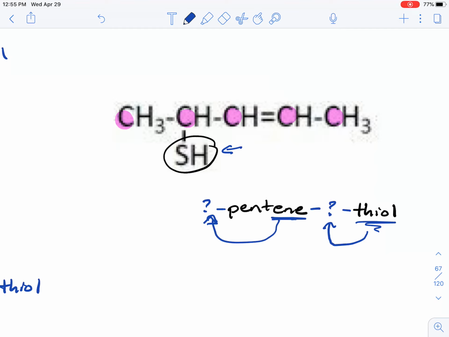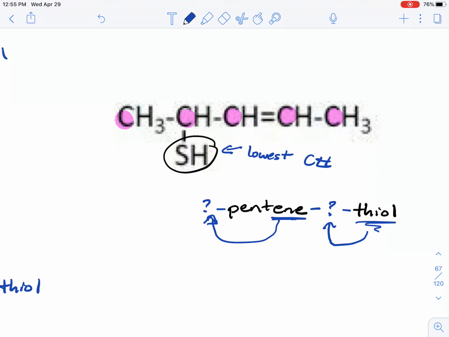So keep in mind that your sulfhydryl group gets the priority. So you want the lowest carbon number. Okay. So between an alkene and a thiol, or an alkene versus any functional group, your functional group is always going to get the priority. It's always going to have the lowest carbon number.